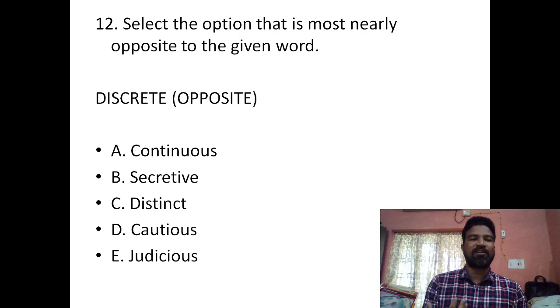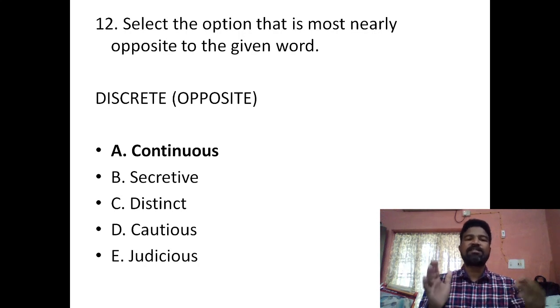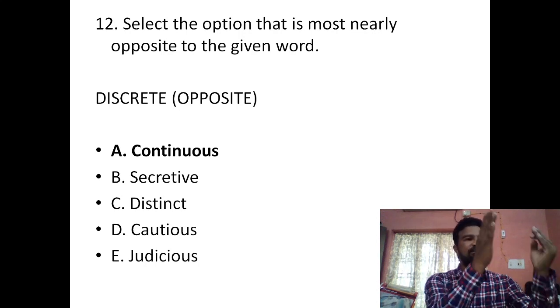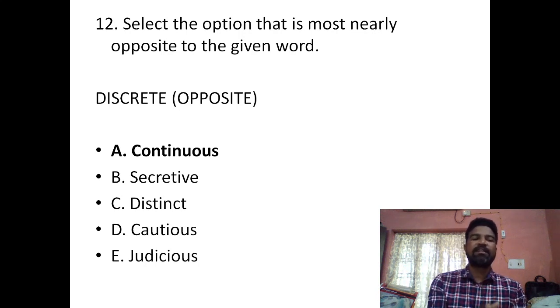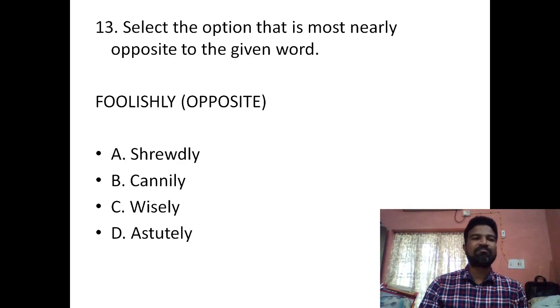Only then will you be able to guess what exactly is opposite. And the answer here is option A, continuous. Discrete means something which is separated, something which is stopped at a particular moment and does not continue. So discrete means stopped or cut off, or separated, and the opposite is continuous. Option A. Moving on to the next question.